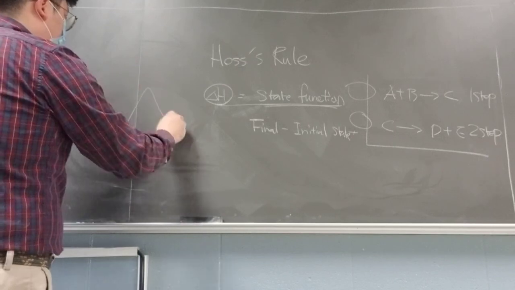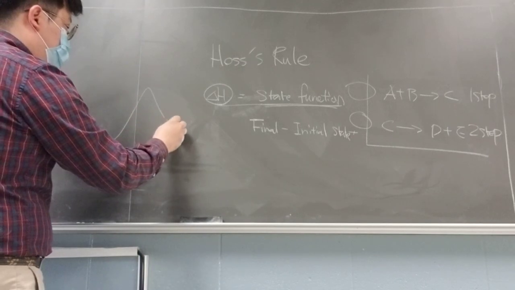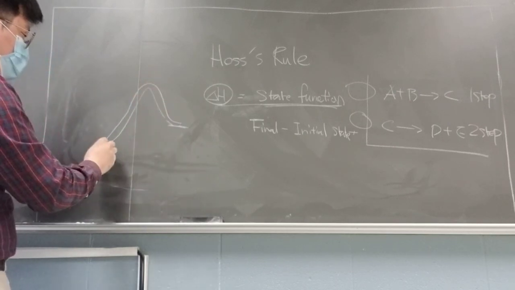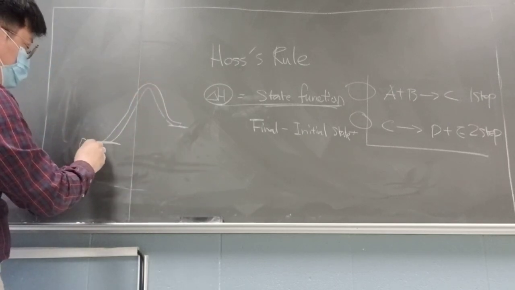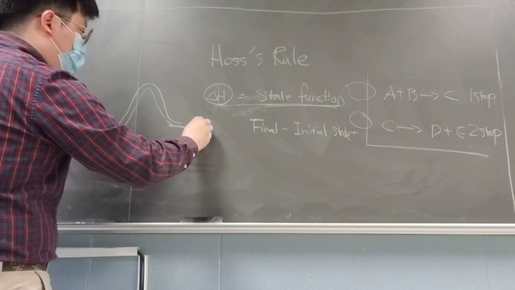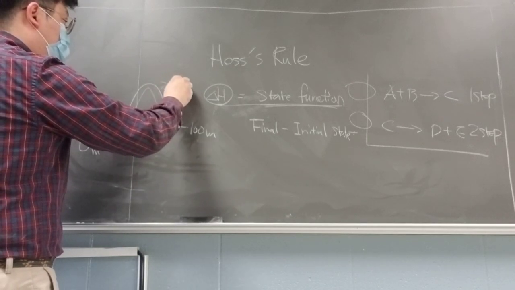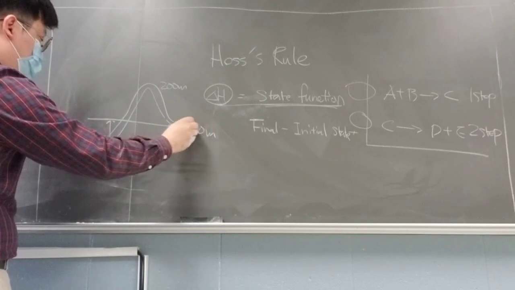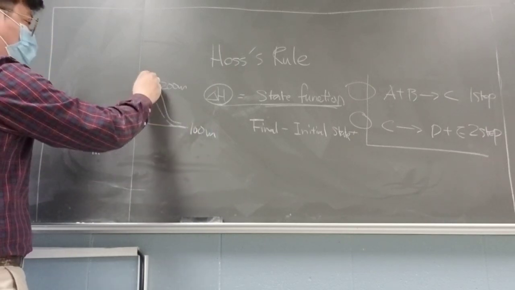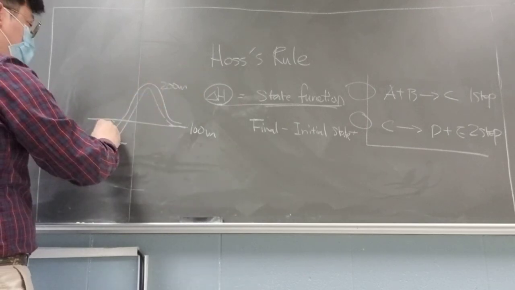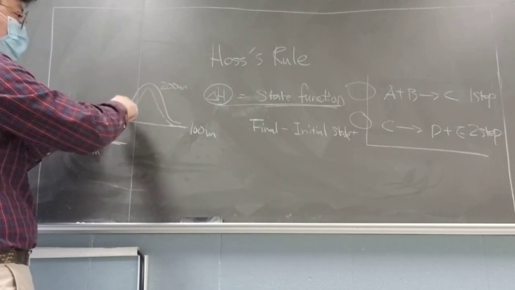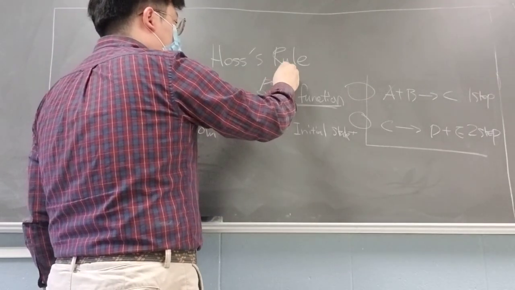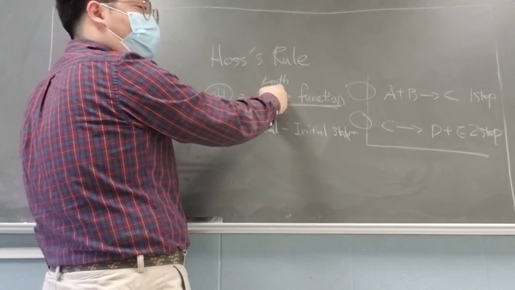Here's the thing: if you have a mountain over here, and you went over the mountain and now it's here, maybe this is 0 meters sea level, this is 100 meters, this is 200 meters. The state function is just these two: your final position and initial position. So in the stepwise, it doesn't matter. If it matters to the path, how you move to that final position, we call it a path function, because it depends on the path.